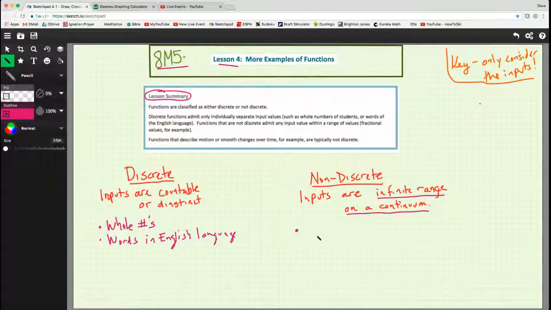So, like if you have all real numbers, that would be like 0, 0.01, and so on. Basically, this is like every number, and we'll get into this example. Fractional values. We're going to dig way deeper into this. So over here, whole numbers.